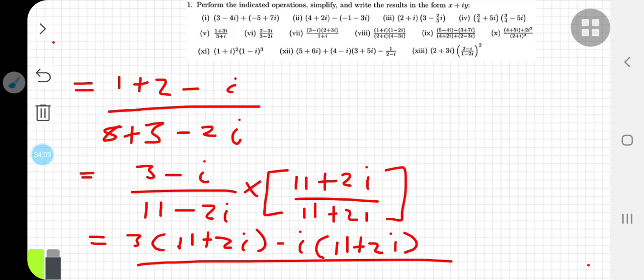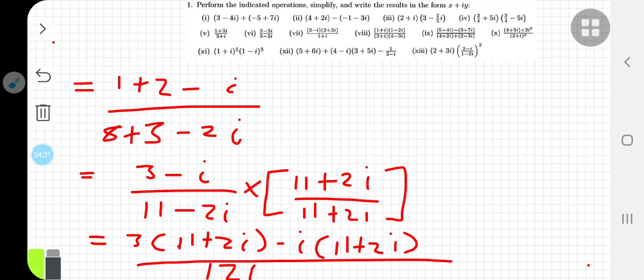So I'll just say, what is 11 times 11? I think that would just give me 121.